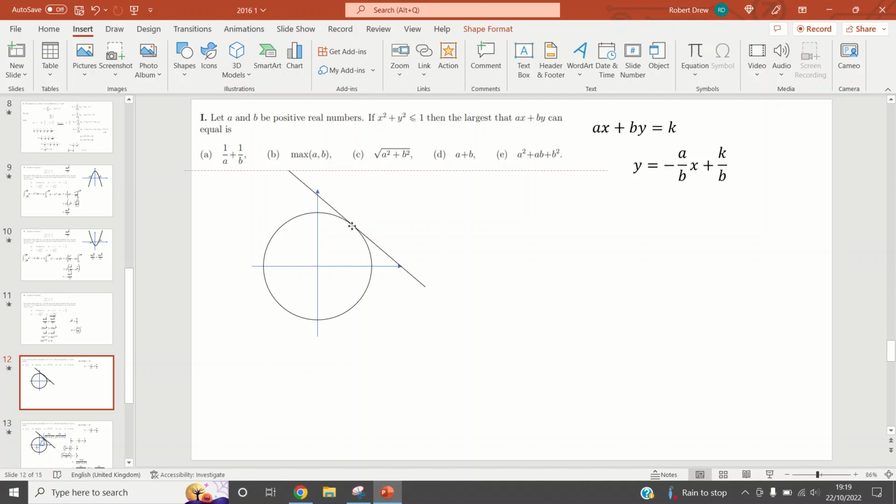But that means we can just move it up until it's just touching it here, and we can just make it a tangent. And so this is the key point here, right? Because this xy value here is just about within this disk, and will maximize k because we've lifted the line up as far as possible on this y-axis, which means, because k is that y-intercept there, we'll get a maximum k value out.